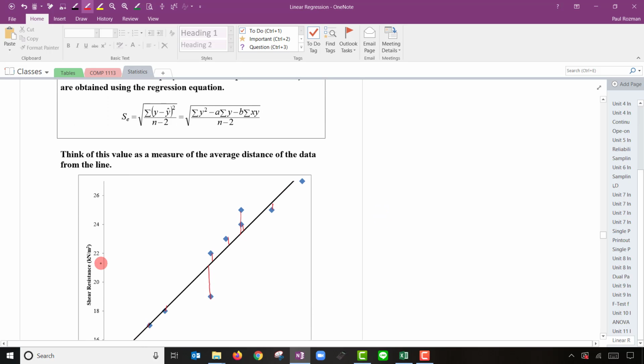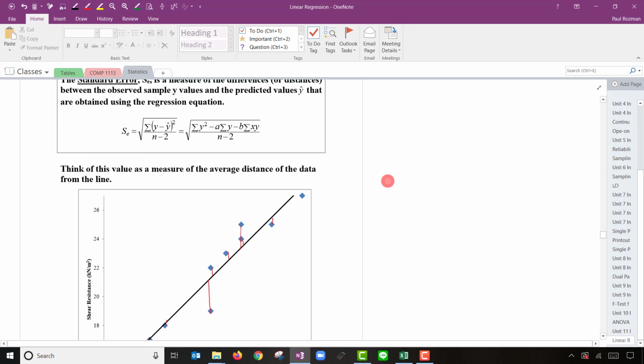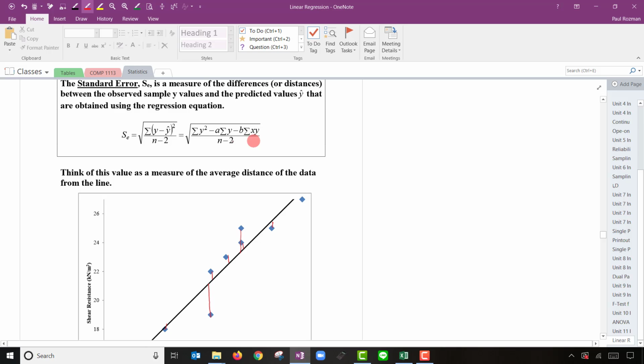In this case, kilonewtons per square meter. So this formula isn't too bad to calculate. Even if you're doing it by hand, it does have a calculation formula that makes it a little easier if you've already calculated your slope and your intercept, which you likely would have.